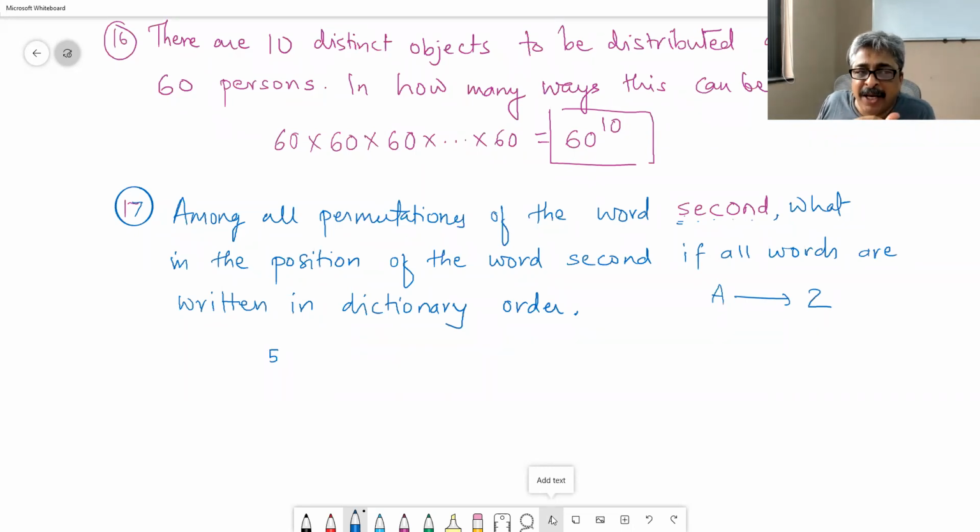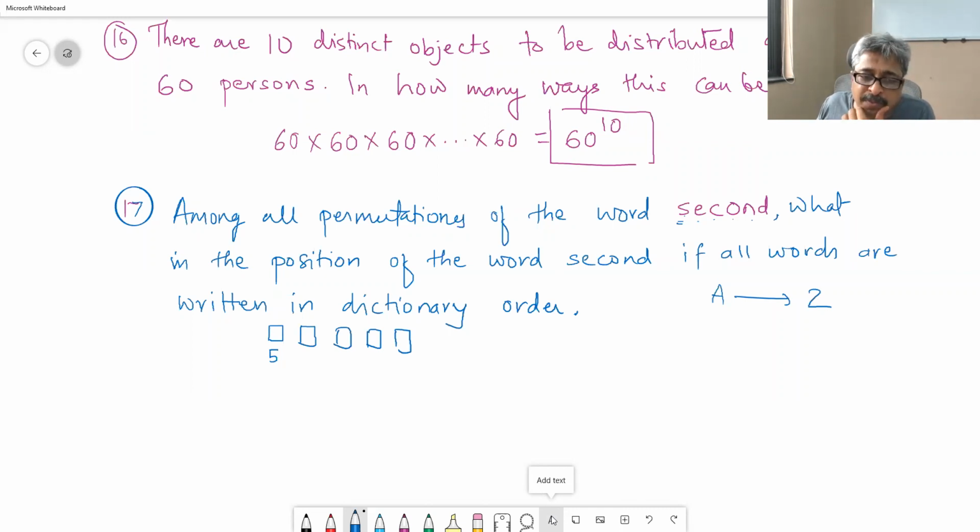We are counting how many words will be before SECOND. The first place can be occupied by any of these 5, and then that word will be before SECOND.